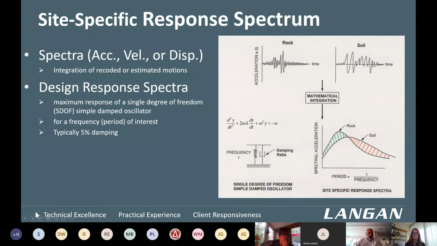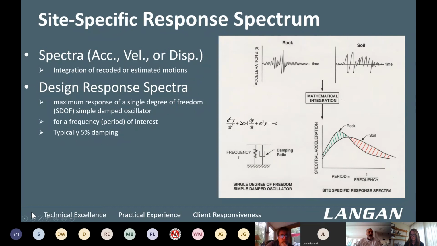Once we do this mathematical integration, we compute the maximum value of that response at a particular period or frequency, and plot it as one point on the plot on the right side. We do this for a whole bunch of periods or frequencies, and then we create this spectrum.